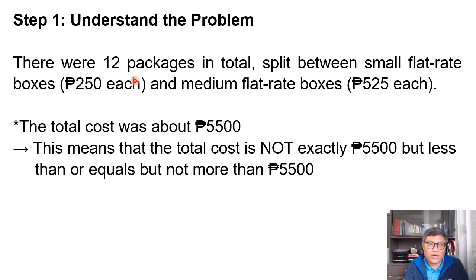If you add the number of small boxes plus the number of medium boxes, it should equal 12. And the total should be about 5,500. So this means that the total cost, as I said, is not exactly 5,500, but less than or equal to 5,500, but not more than 5,500. Okay, so these are our understanding of the data.